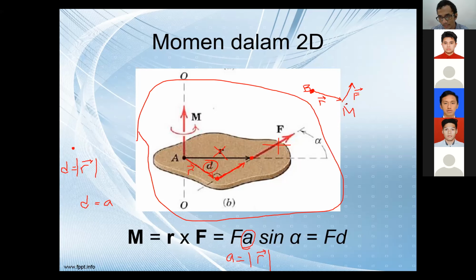So the moment is supposed to be equal to R cross F, like this, in the vector form.